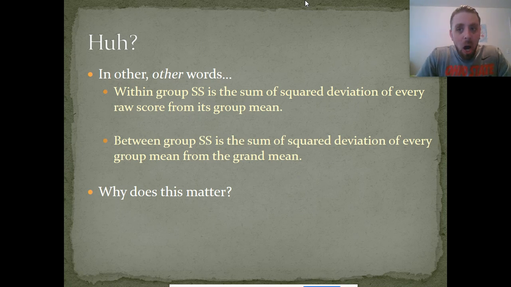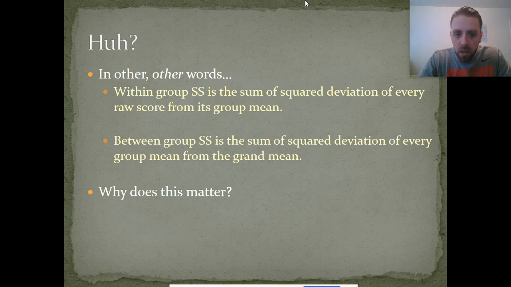Within group sum of squares is the sum of squared deviation of every raw score from its group mean, and we will need to do that for all 24 cities within our data set. Meanwhile, between group sum of squares is the sum of squared deviation of every group mean from the grand mean.